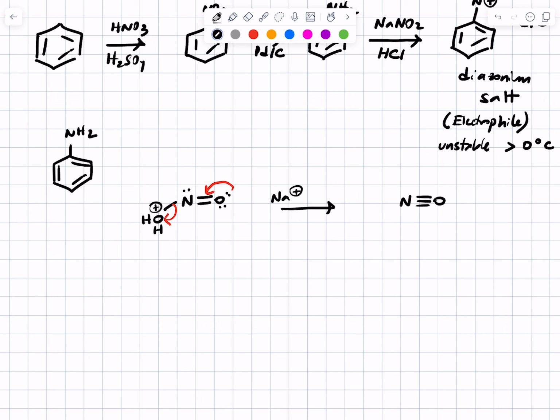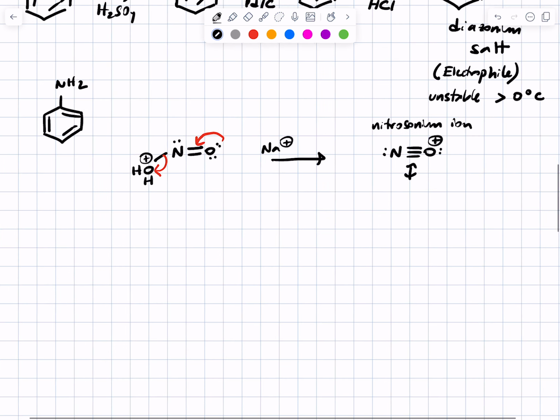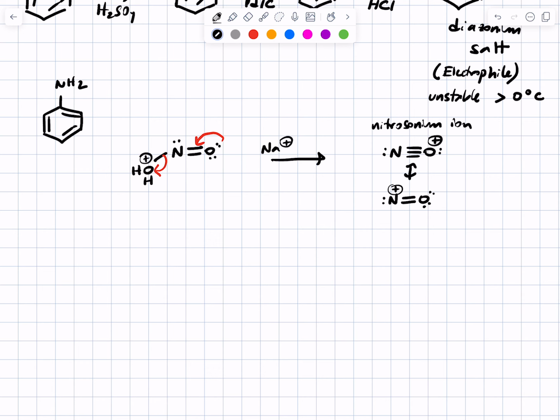And this electrophile is called the nitrosonium ion. And it has a resonance structure, even though we've got one of these resonance structures where the positive charge is on the oxygen. Oxygen's more electronegative than nitrogen, so it also seems reasonable that this resonance structure should be a major contributor, and it is.